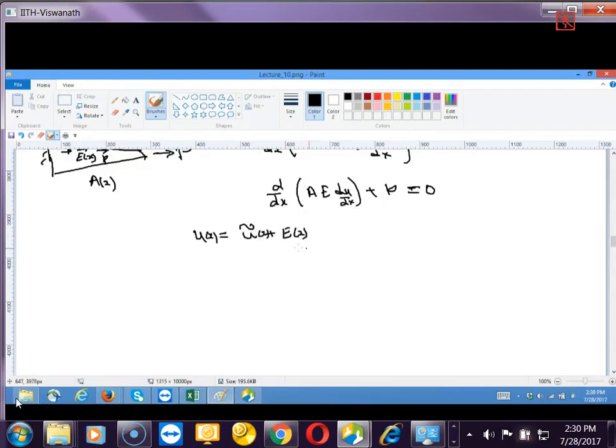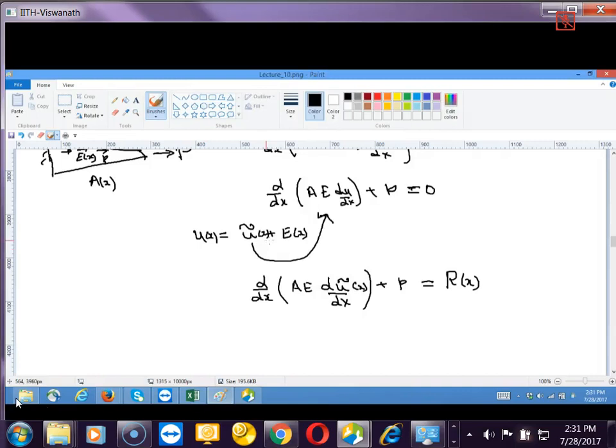So if I take this and substitute in this, d by dx of AE du tilde of x by dx plus p is not equal to 0. It will leave a residue, right? Because this is not u, it is only u tilde.